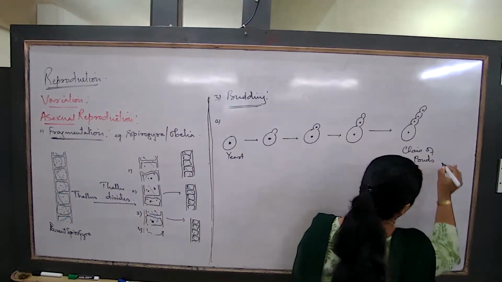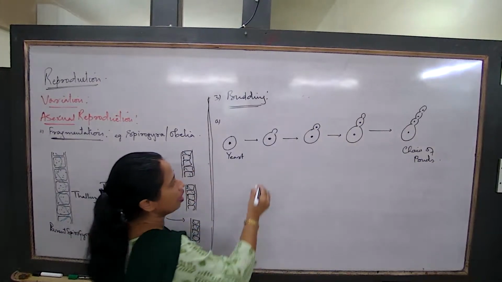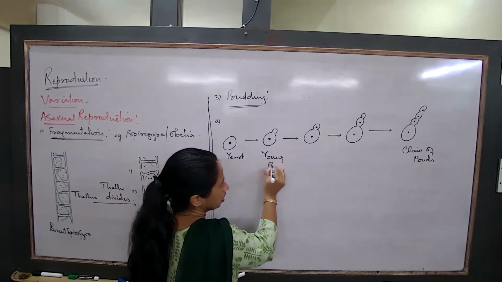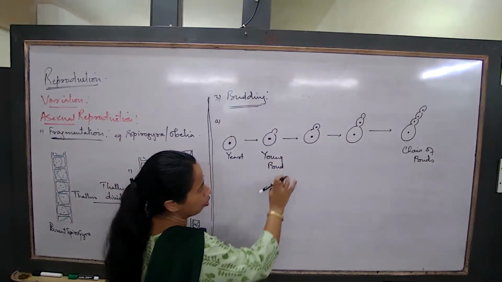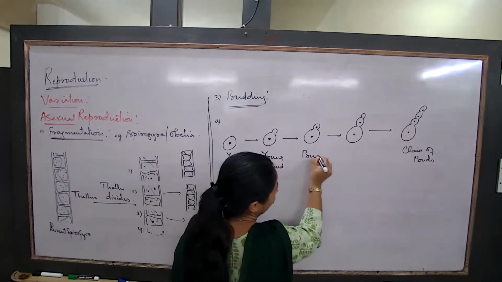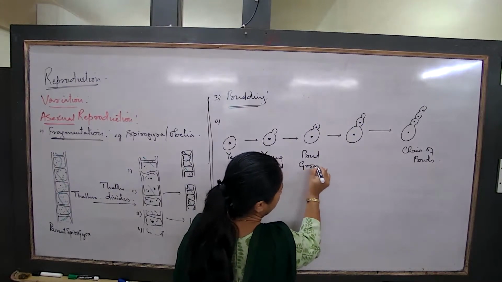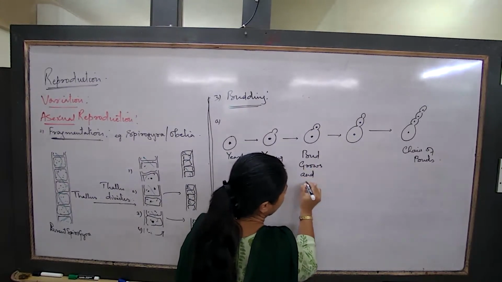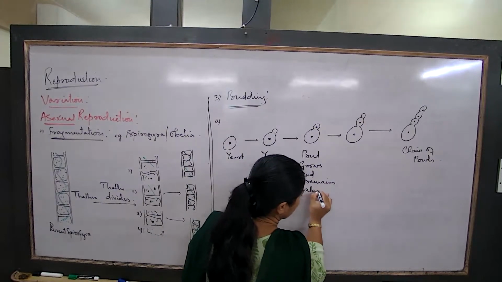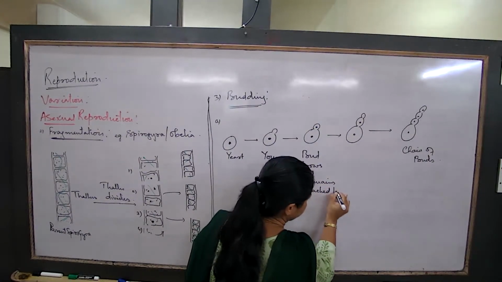Now what is one difference in the process that we talk about? If it is a parent organism, this is a young bud form. Then the bud grows and remains attached to the parent organism.